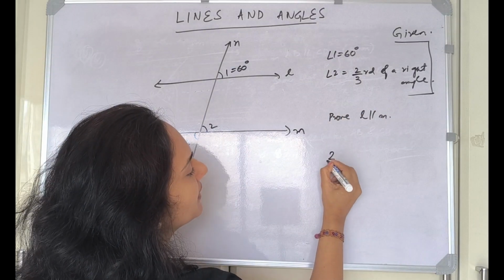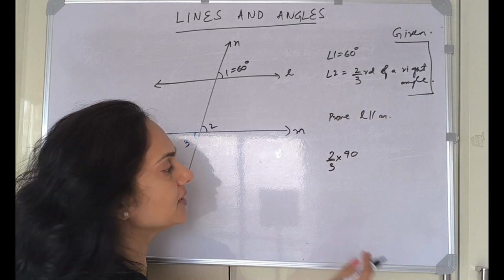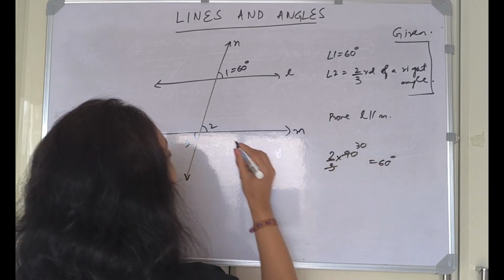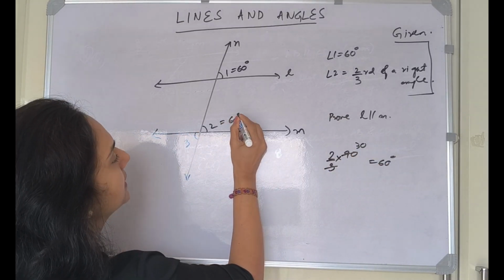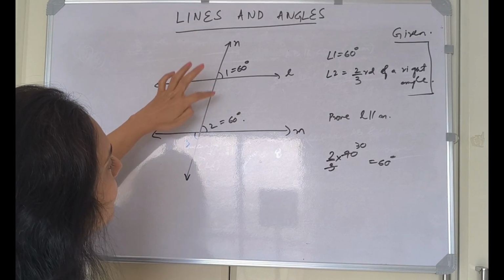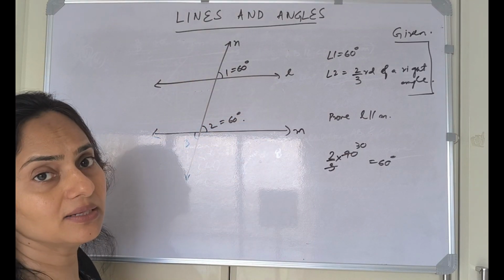So what is 2/3 of a right angle? 2 by 3 into 90 degrees. A right angle is 90 degrees, so 2 by 3 into 90 means we will get angle 2 as 60 degrees, right? So look at 1 and 2, they are corresponding angles and they are equal. So the lines will be parallel. How easy a question.